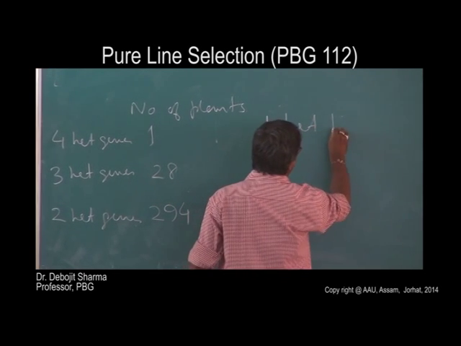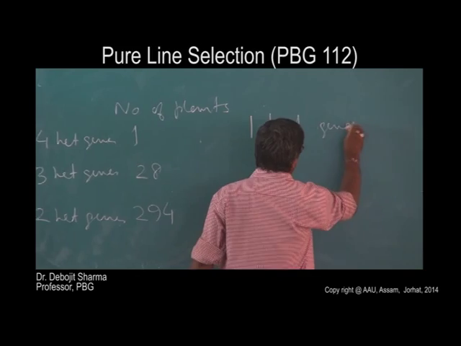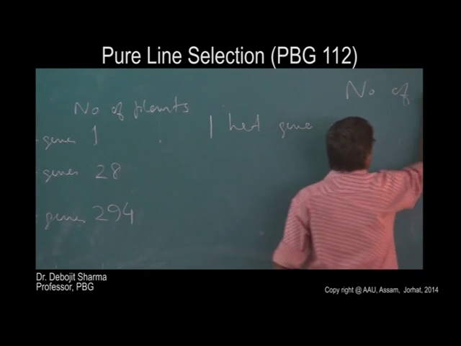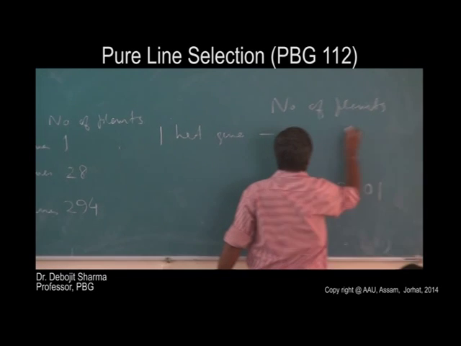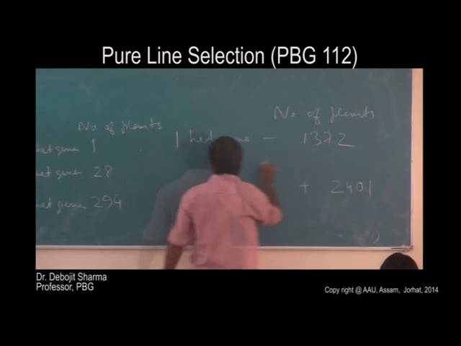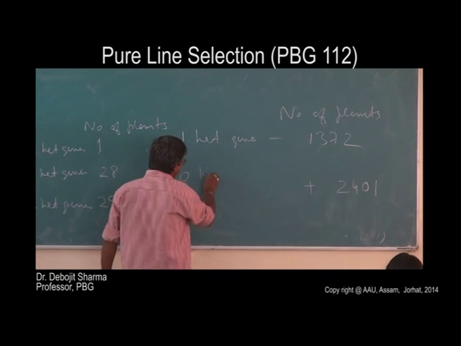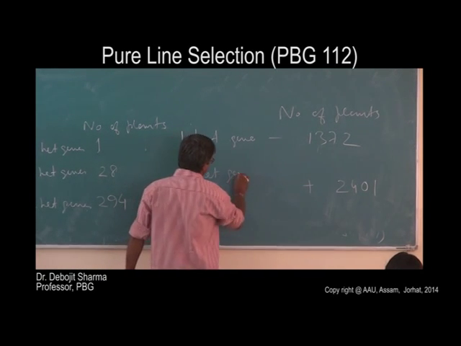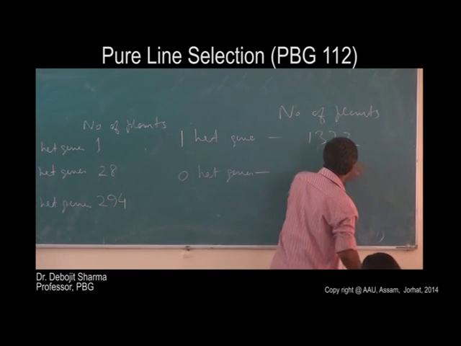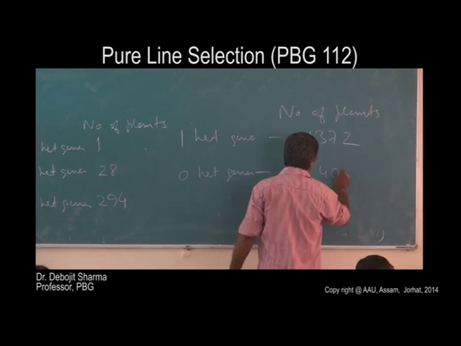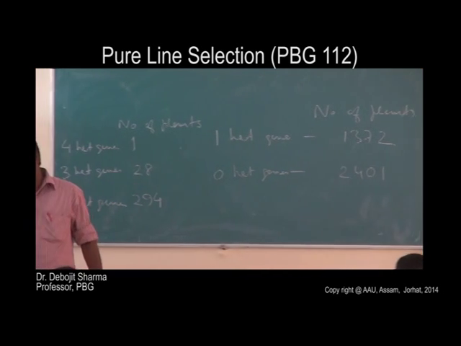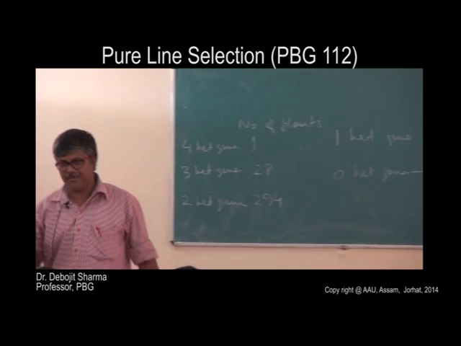One heterozygous gene: it is 1372. 0 heterozygous genes, that means all are homozygous: 2401. That is completely homozygous individuals.